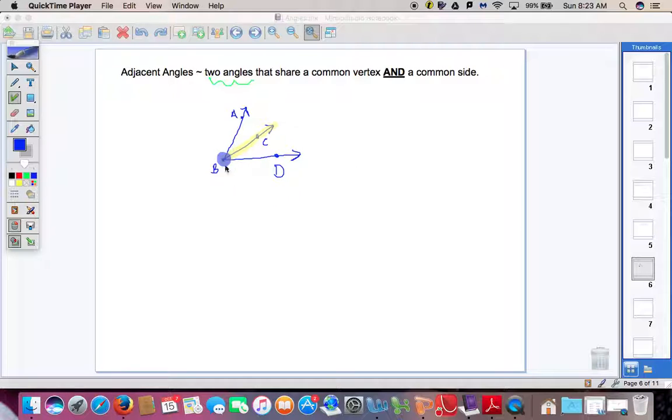And so because they have a common side and a common vertex, these are considered adjacent angles.